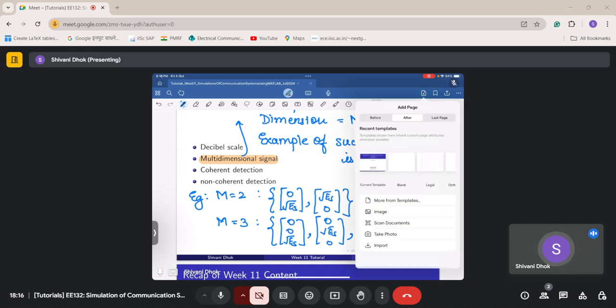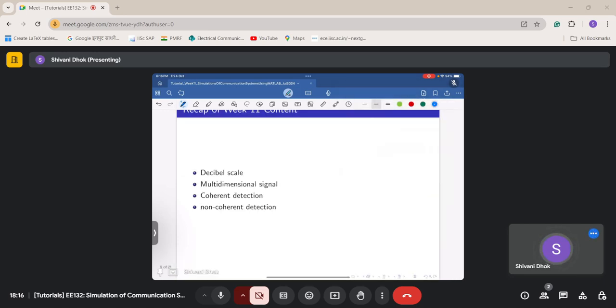After that, we looked at an important concept of coherent and non-coherent detection. So what do you mean by coherent detection? Basically it is when we are transmitting some information through any physical channel.